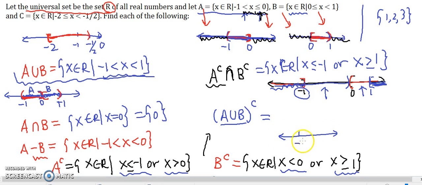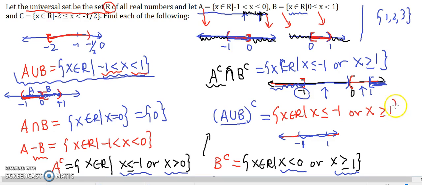A union B, the answer is -1 to 1, and the complement is anything not in here, which will be this part or that part. So we describe it. x is in R and x is less than or equal to -1, because -1 is not in the union. See, there's no equal sign here, no equal sign here. So that should be in the complement, or x is greater than or equal to 1.